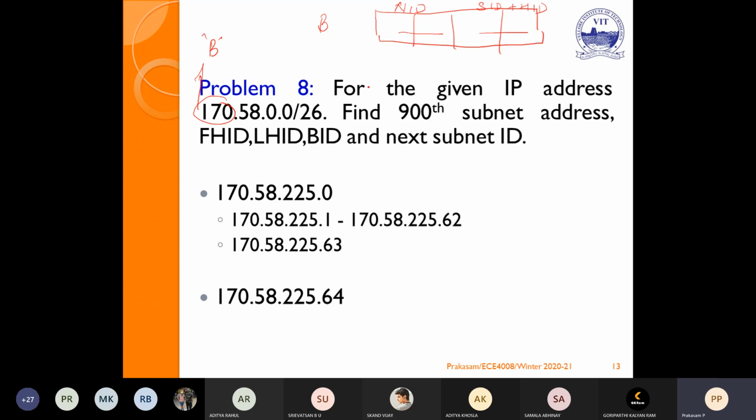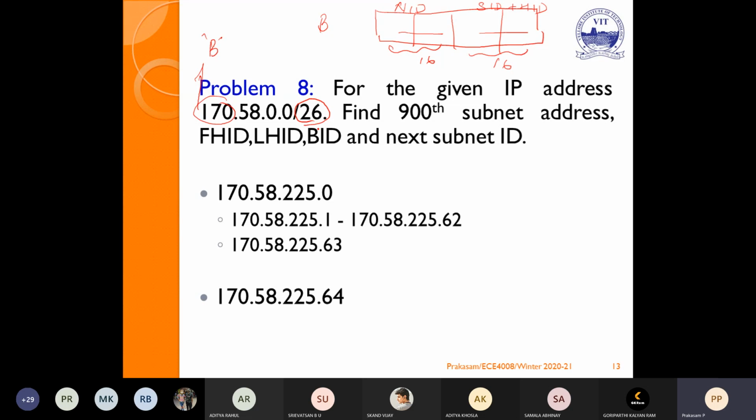You should remember that. Here they are giving us slash 26. This slash 26 means 26 bits are used to represent the network plus subnet, because the network ID is 16 bits and the remaining 16 is subnet plus host.